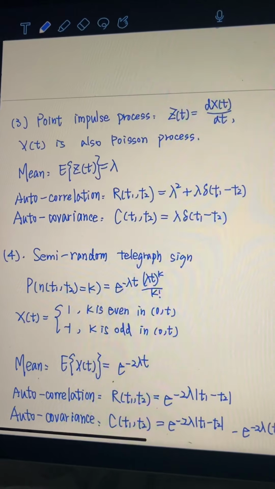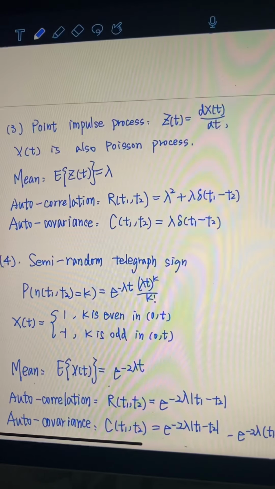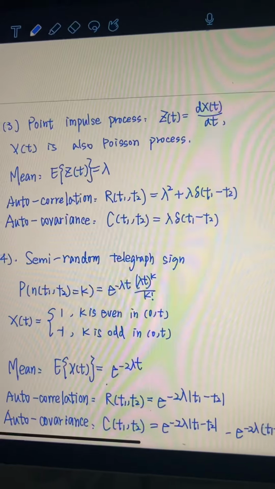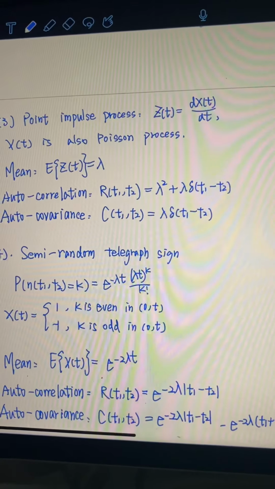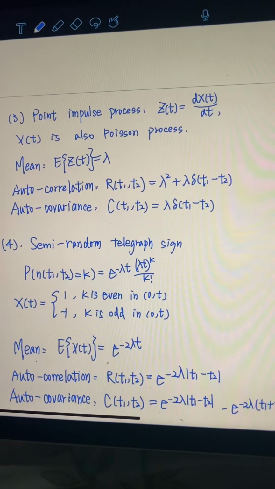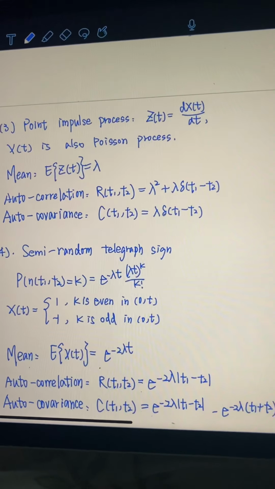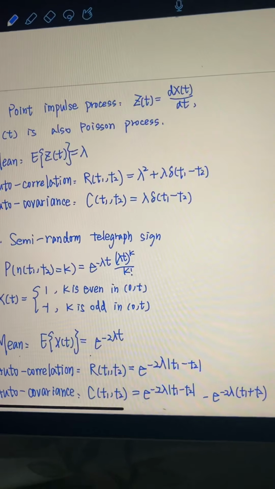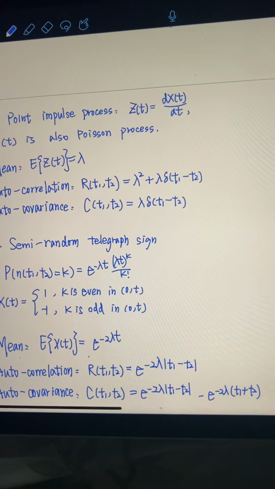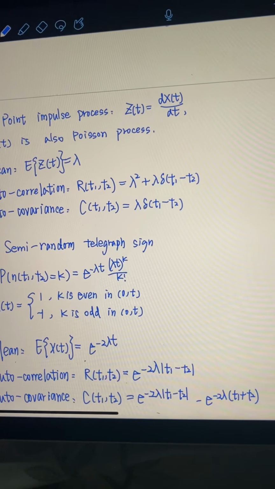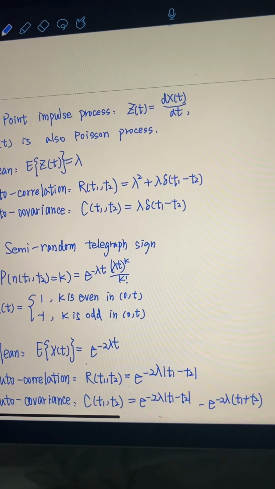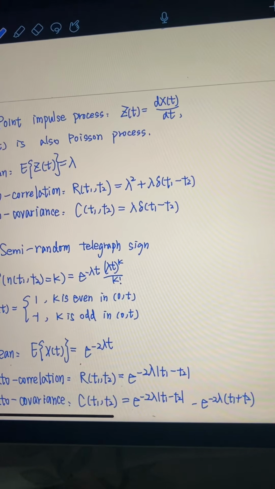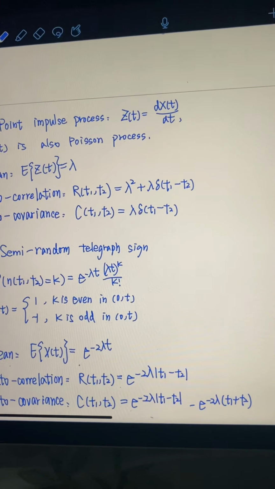And the mean value of it is equal to e to the -2 lambda t, and the autocorrelation is equal to e to the -2 lambda |t1 minus t2|, and the autocovariance C(t1, t2) is equal to e to the -2 lambda |t1 minus t2| minus e to the -2 lambda (t1 plus t2).